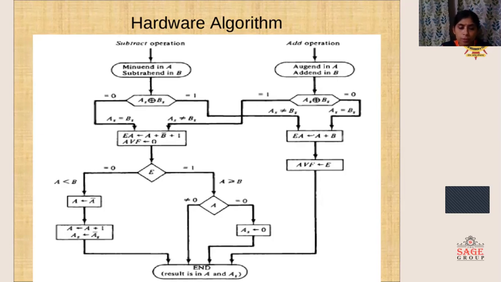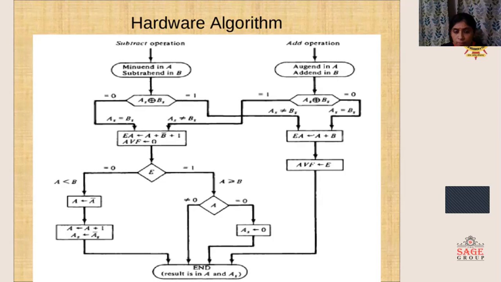If the value of E is 0, then the condition means A is less than B, then A's data will be complemented and stored in the A register, and then the complemented data is added with 1 and again stored in the A register. AS is again complemented and stored in AS, and the final result will be stored in A and AS. This is for the addition operation.